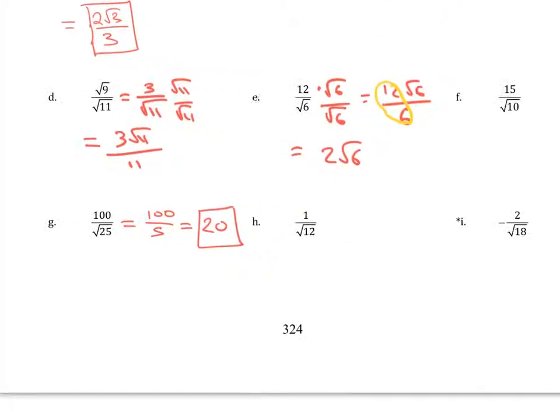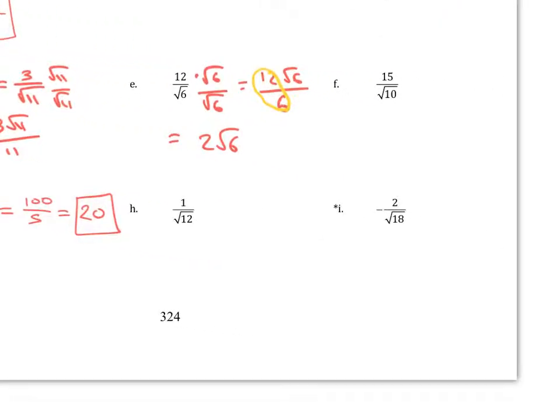All right, now problem H and I. I'm going to show you a little trick to make things a little bit nicer. If you start to get bigger numbers, instead of multiplying by itself, so the way we've originally would have done problem H is to multiply by root 12 on the top and the bottom, right? And I get root 12 over 12.